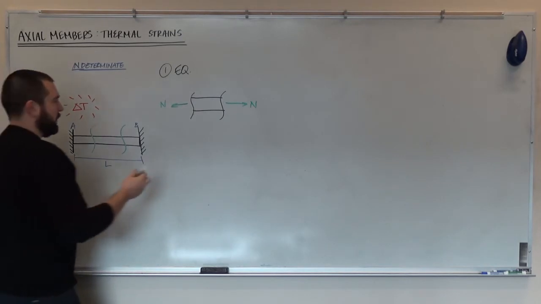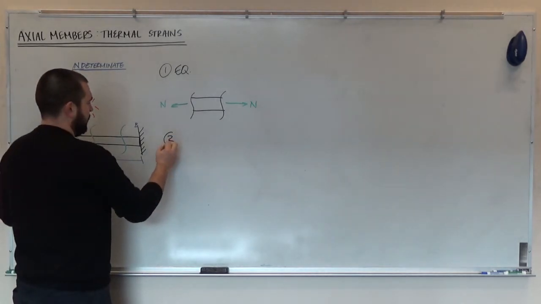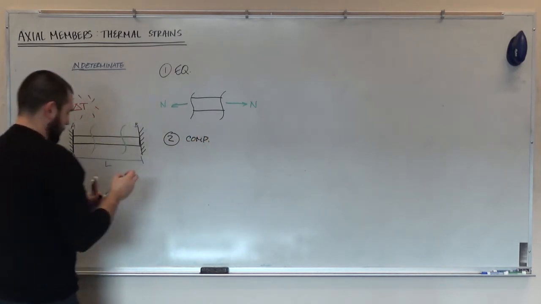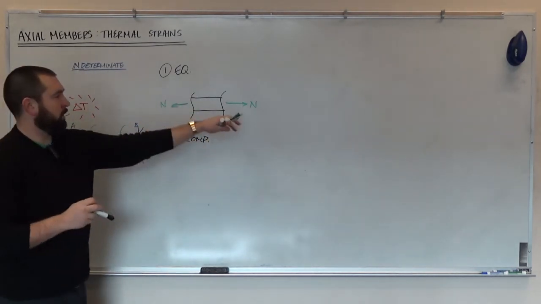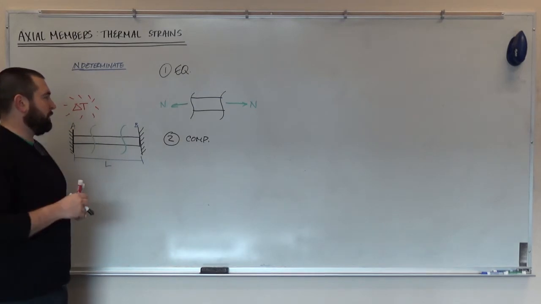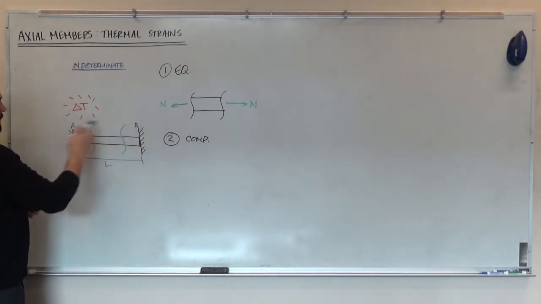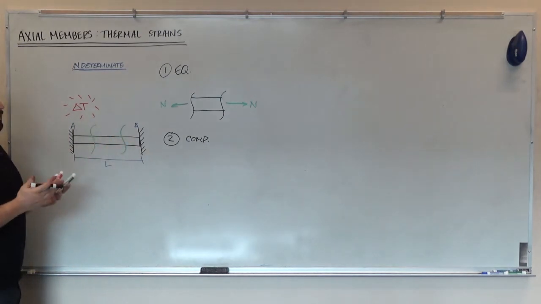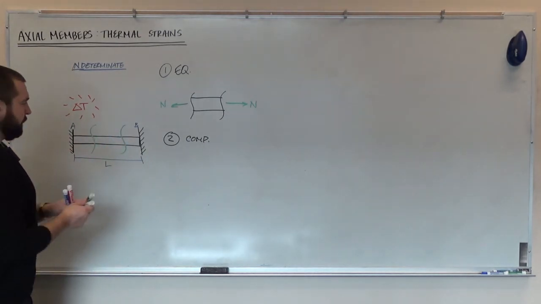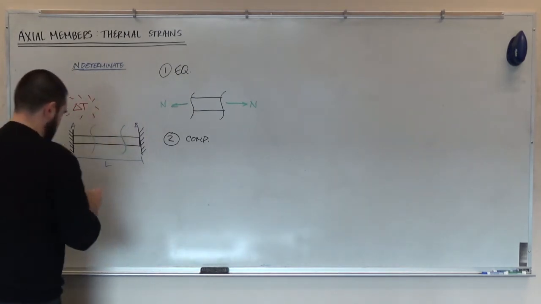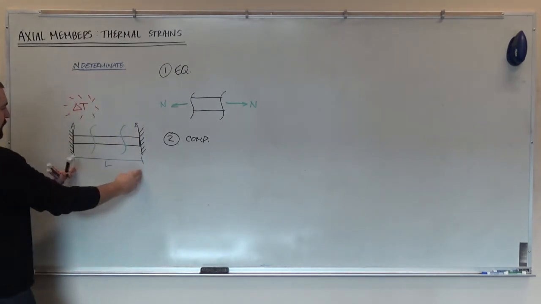But most of the work gets done in the second step right here, which is compatibility. All right, so N equals N. It's still basically indeterminate. Even if I include the support reactions, N equals N doesn't really tell us anything. But here for compatibility, we know that the overall change in length of this column is equal to 0.